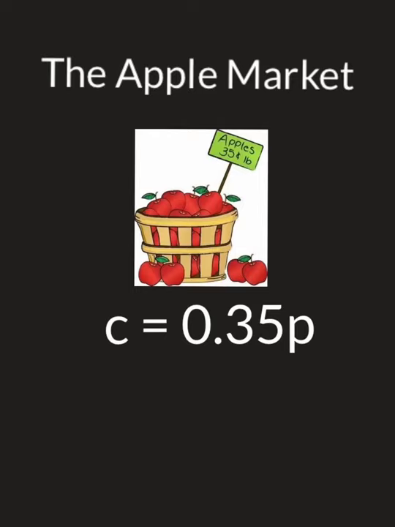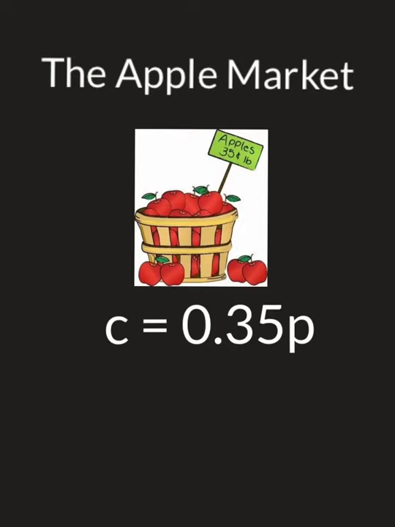Now I can use this equation to find out some information in my problem. If I wanted to know how much 2 pounds of apples would cost, I would put a 2 in for P. Then I would multiply 0.35 times 2, and it would cost me 70 cents in total.